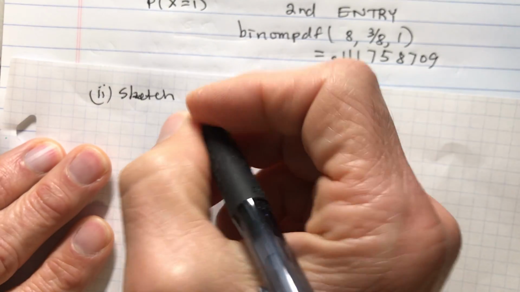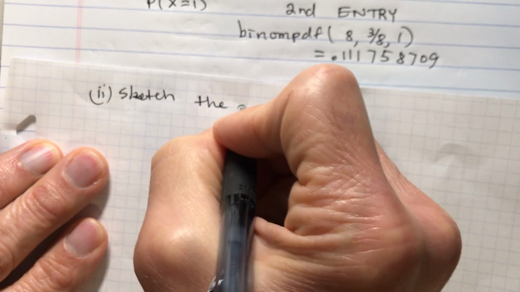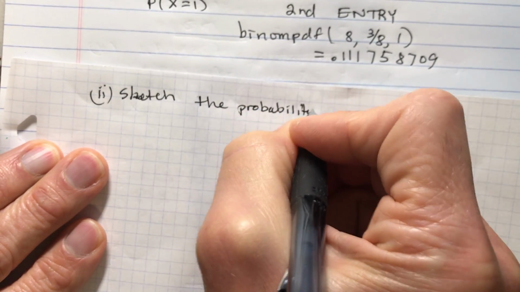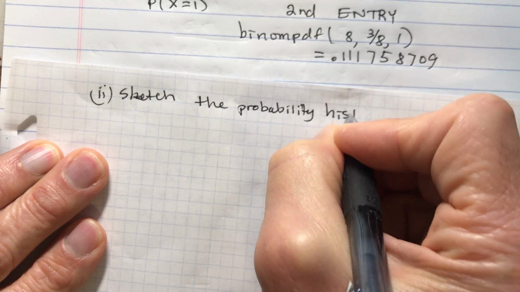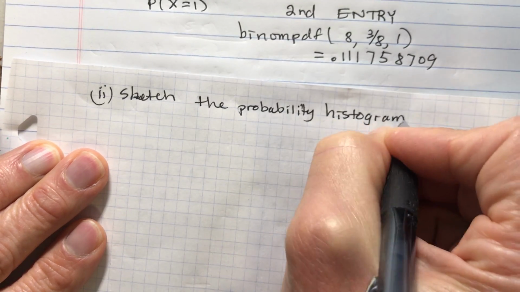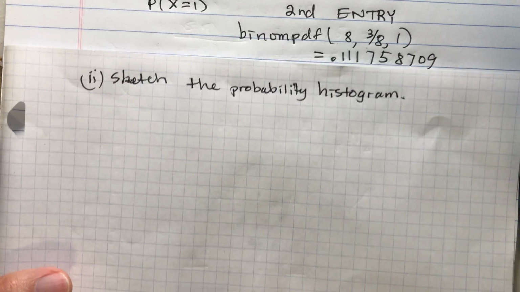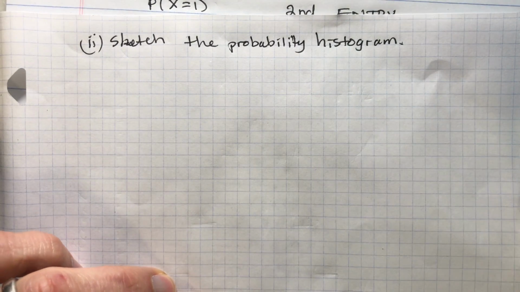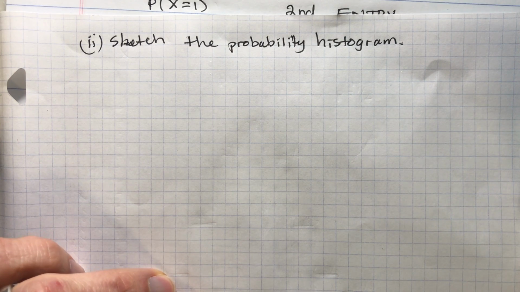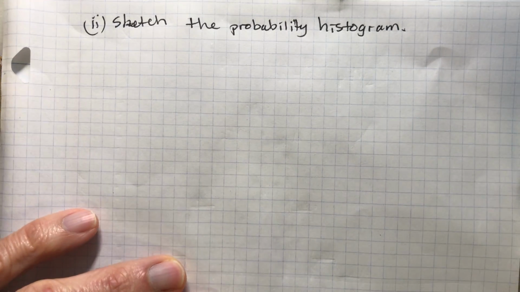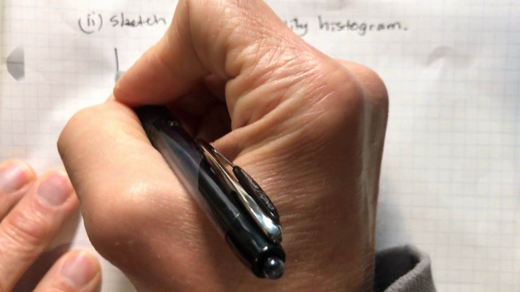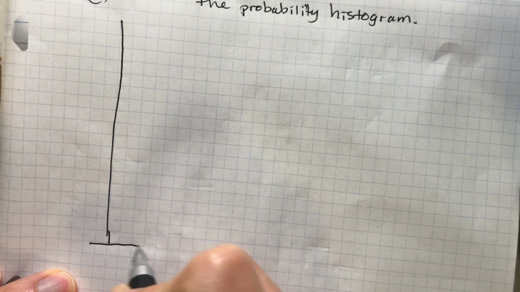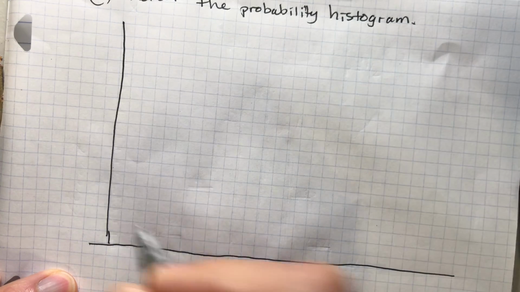Sketch the probability histogram. It's called a probability histogram because these are probabilities. So a histogram based on an experiment would be the outcomes, and you make like a bar graph of the outcomes from the experiment. So this is what our predictions are through probability. Okay, and so I'm making, it's basically a bar graph, right?